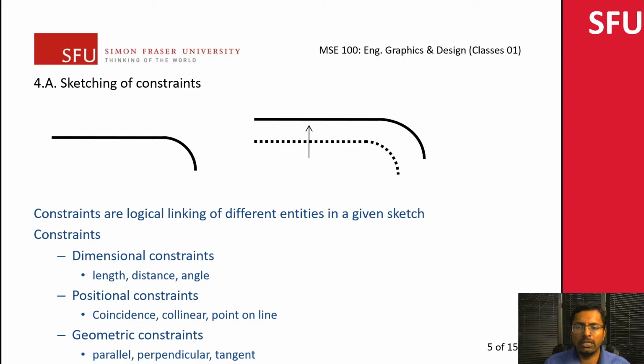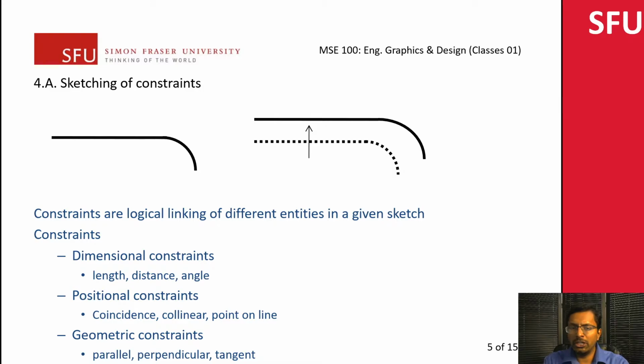You can do what's known as dimensional constraints, which limit the length or the size. Dimensional constraints would include the length, the angle or the orientation, or the distance. So if you have two lines, you can figure out how far apart they are, so when you move the lines, they always move together.